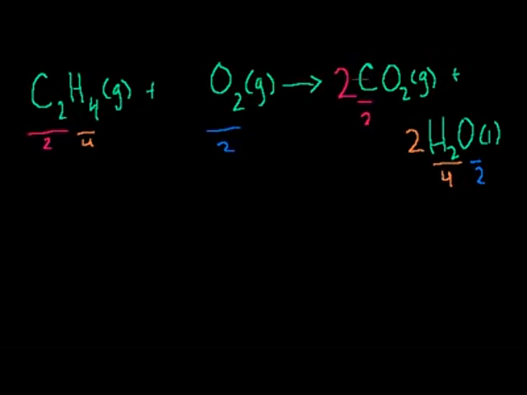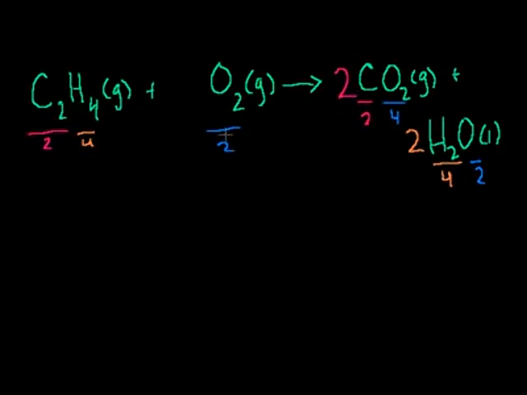And in each carbon dioxide I have 2 oxygens, and I have 2 carbon dioxides, when I put that magenta 2 out front. So 2 times 2, I have 4 oxygens. On the left-hand side, I have 2 oxygens. On the right-hand side, I have 6 oxygens: 2 in the 2 molecules of water, and 4 in the 2 molecules of carbon dioxide.